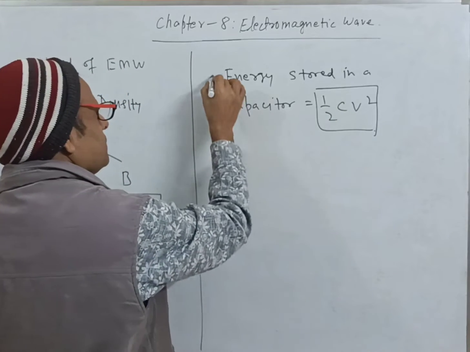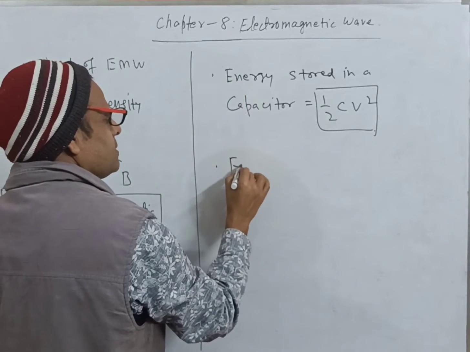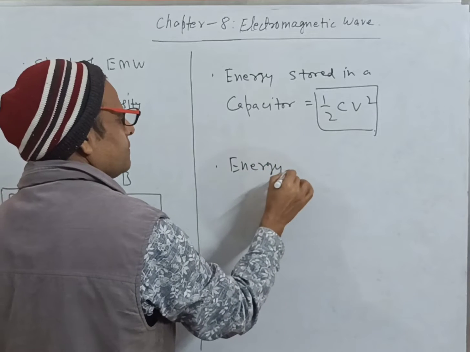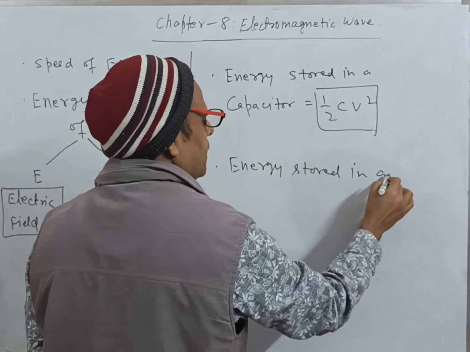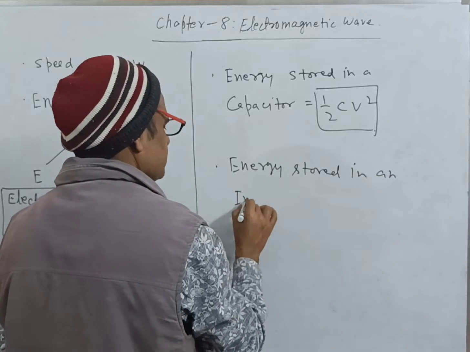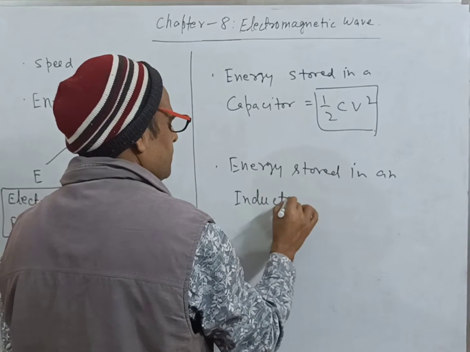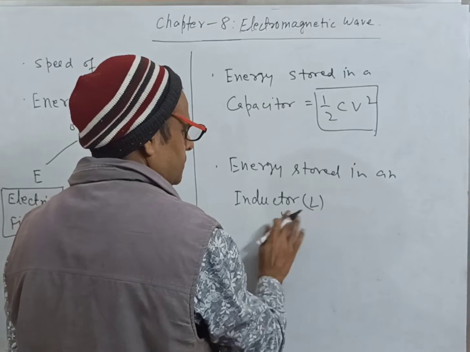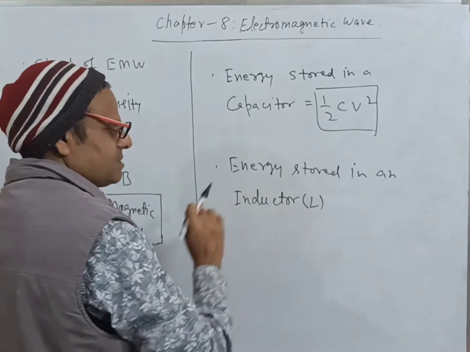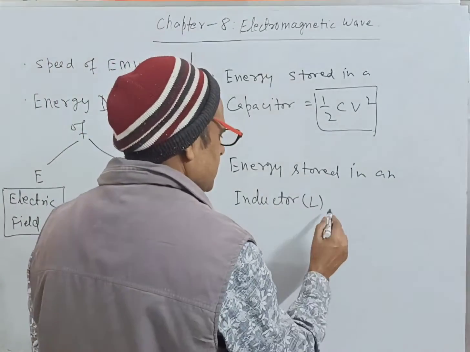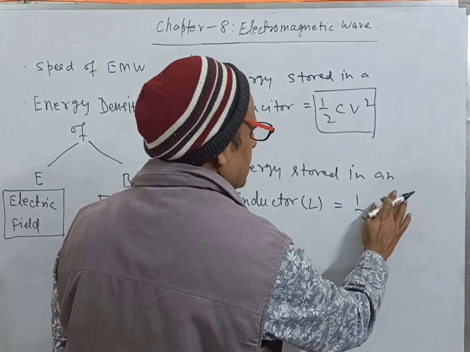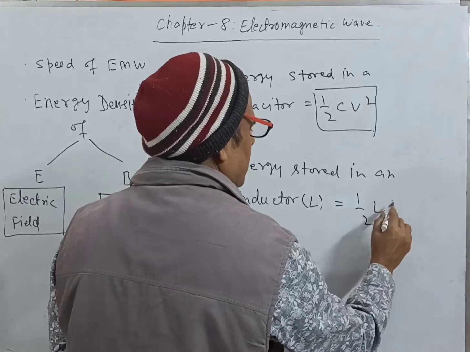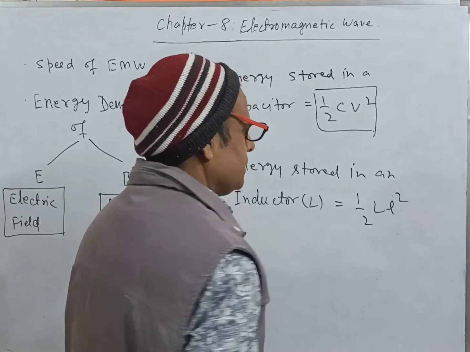And similarly, the energy stored in an inductor, where the self-inductance of the inductor is L, is given by half L I square, where I is the current.